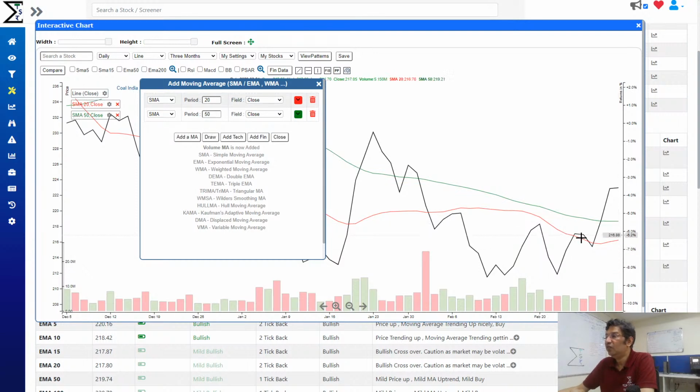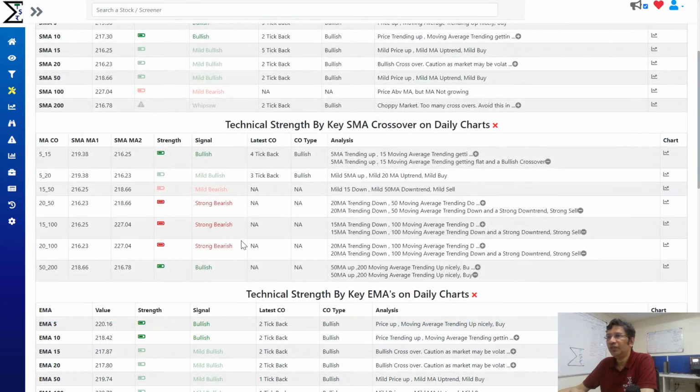If you see that 20 is far below 50, right? So it's also widening. So that's why if you see here, it is a strong bearish, right? It's trending down. 50 moving average is also trending down, right? So that's why it's marked as red.